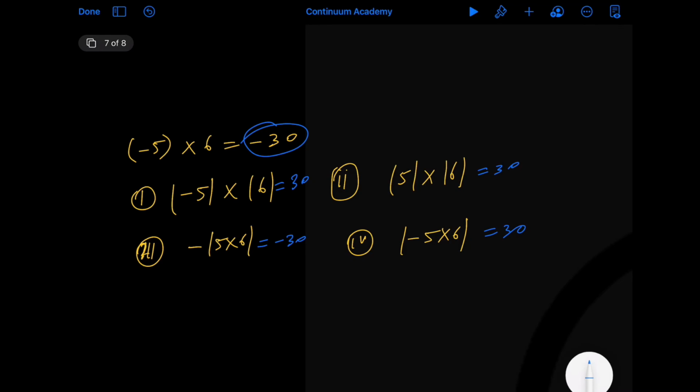So the answer that matches is this. Remember that first of all you operate inside the mod. So here I have multiplied 5 into 6, which is 30. So mod of 30, which is equal to minus 30. Clear? So this is how you are going to do the questions of mod.